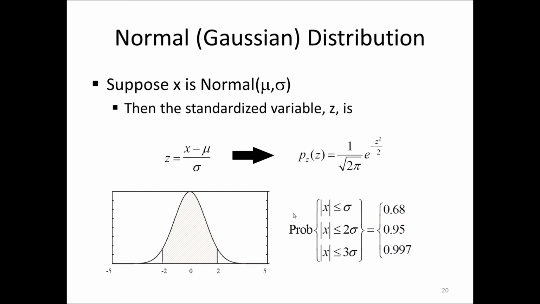The PDF for z looks like this, and you may remember some key numbers for this, which are sometimes important to know. Within plus minus 1 standard deviation, or plus minus 1 on the x-axis of the normalized variable, the signal is inside this 1 sigma 68% of the time, whereas it's within 2 standard deviations 95% of the time.